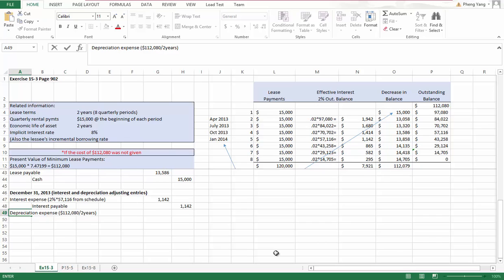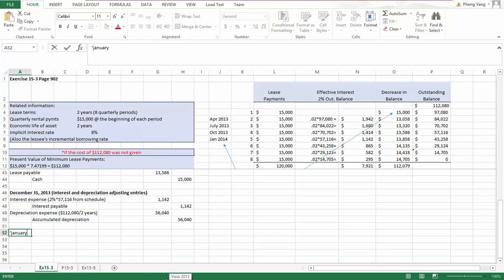So that $112,080 will be evenly allocated over the 2 years. Divided by 2, that's $56,040 recorded for depreciation expense. Then I have to credit my accumulated depreciation for the same amount. So that's my year-end adjusting entry for interest expense and depreciation expense.